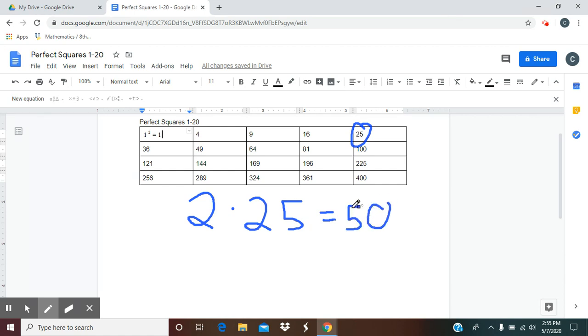So what I can do with my square root of 50 is change the number inside of the root by factoring it. I can say that the square root of 50 is also equal to the square root of 25 times 2.